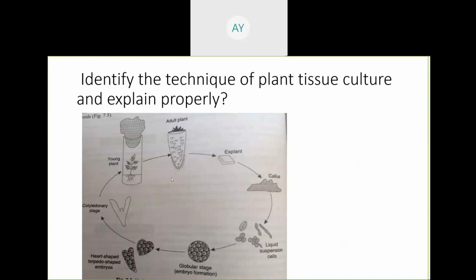So this slide, that flow chart, indicates the formation of somatic embryos, not embryogenesis. That is somatic embryogenesis, meaning we are going to produce a whole plant from the explant. So what happens? First, the explant we put in a suitable medium that contains equal concentrations of auxin and cytokinin, and then it will develop into callus.